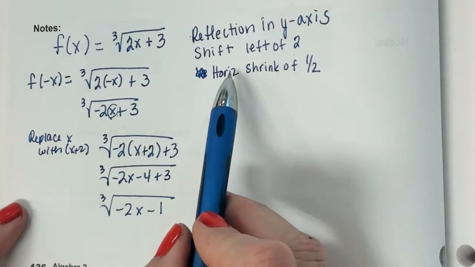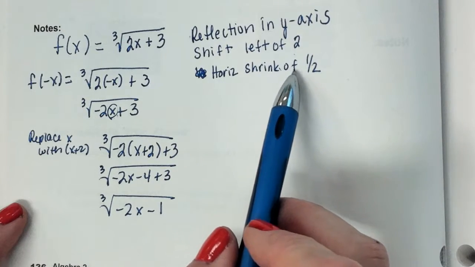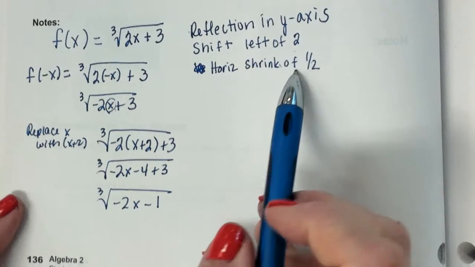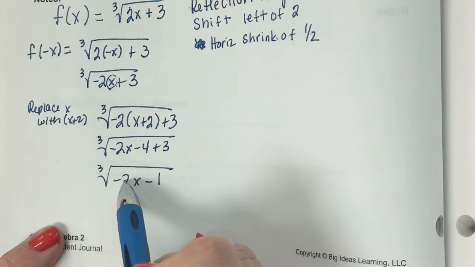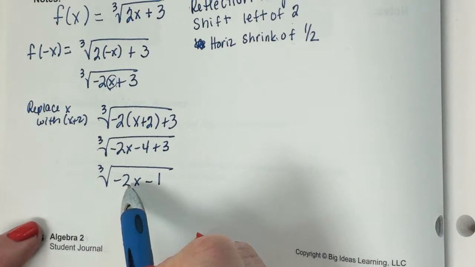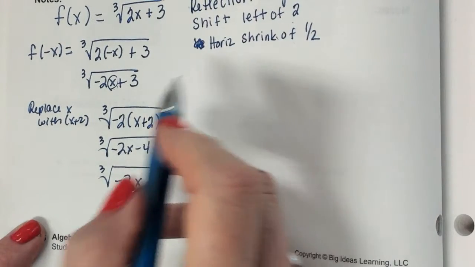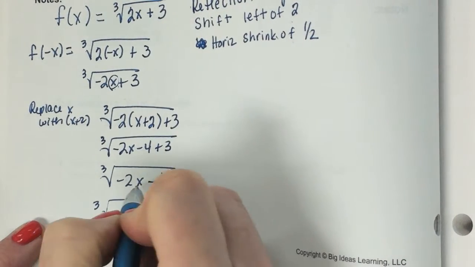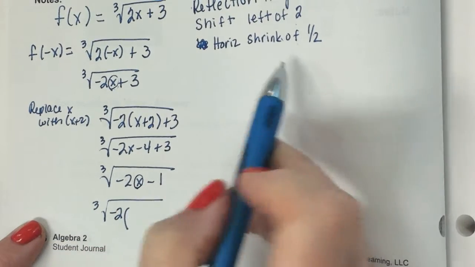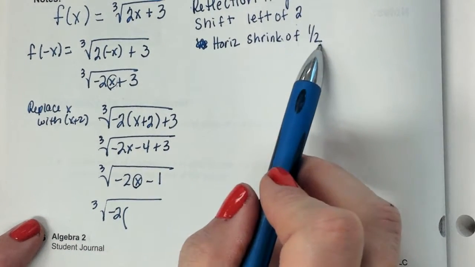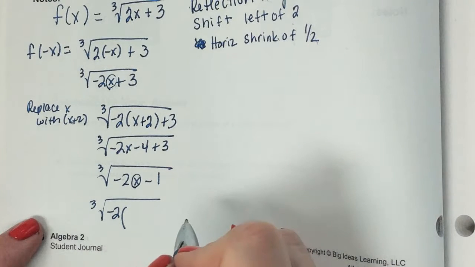And the last thing I'm going to do is a horizontal shrink of 1/2. That does not mean that I just multiply this negative 2 by 1/2 necessarily. What this means is that wherever I have an x, right here's my x, I have to replace it with, and if it's a horizontal shrink of 1/2, do I replace it with 1/2 x?